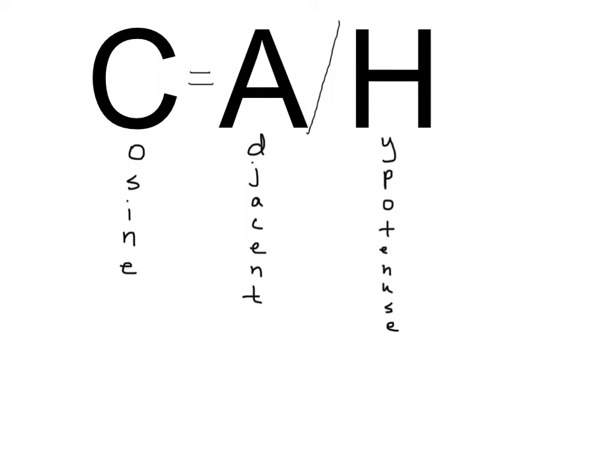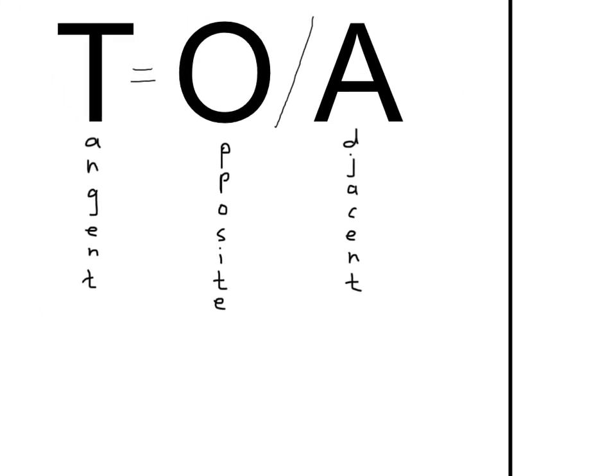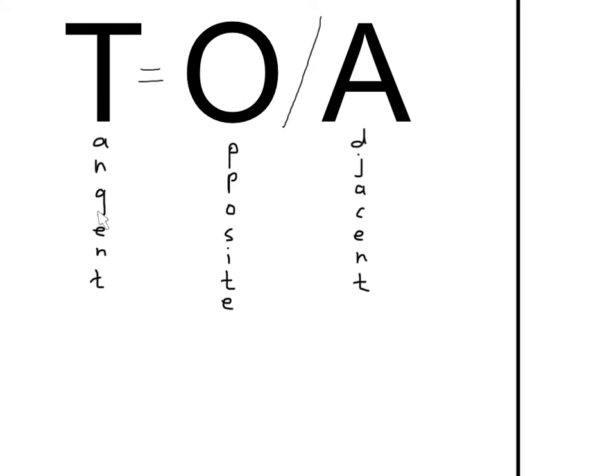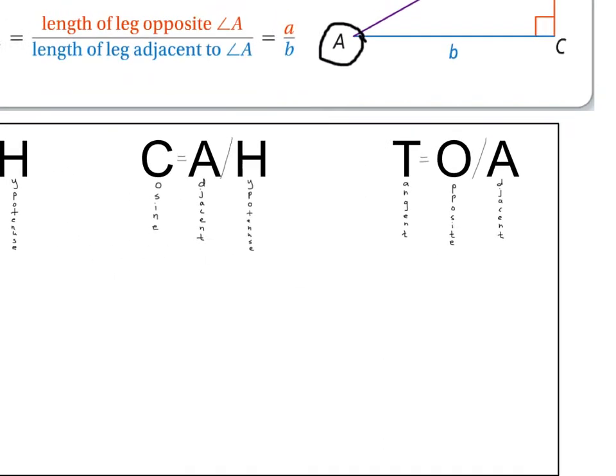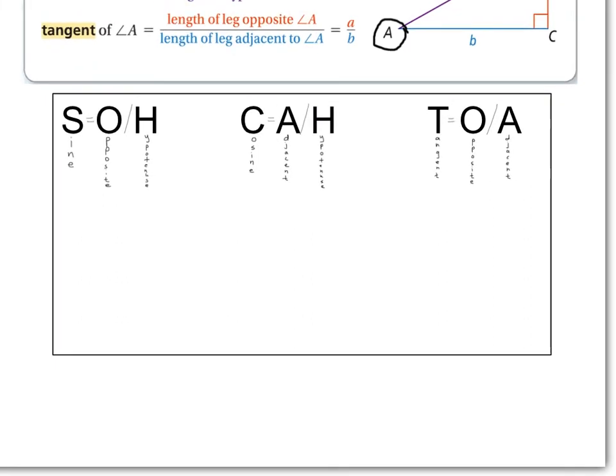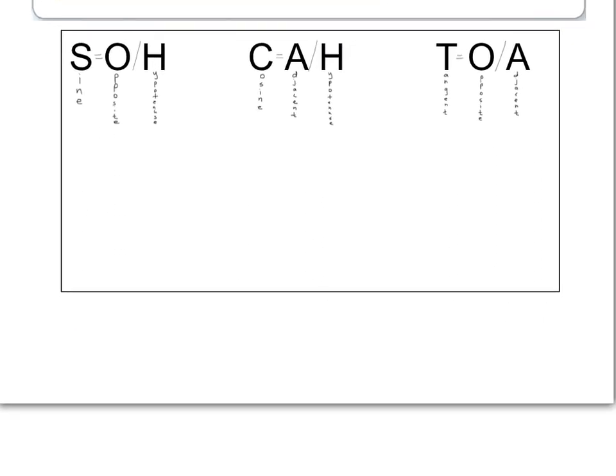And the last one is TOA, which stands for the tangent is equal to the opposite divided by the adjacent. SOHCAHTOA is what you're going to hear me say quite a bit as we figure out what the sine goes with, what the cosine goes with, and what the tangent goes with. Something very important for you to remember as we go through this. Let's go through some examples now.